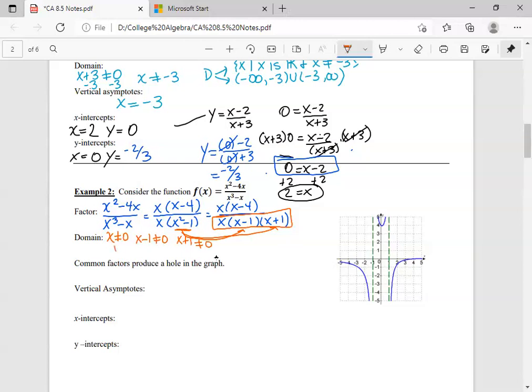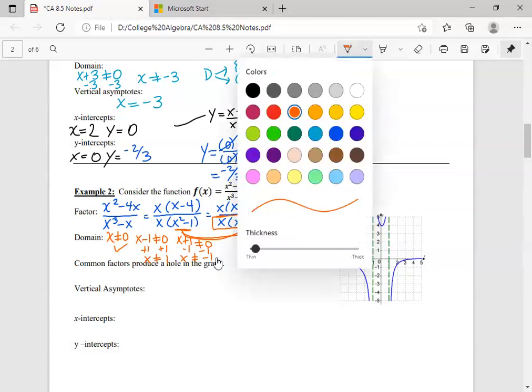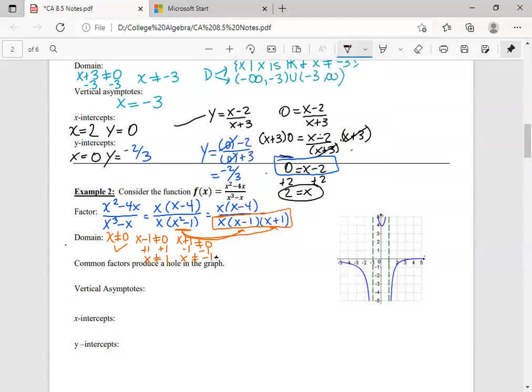This one's done for me. I can't solve that one. x is not supposed to be equal to 0. I can add 1 and get x is not 1. Subtract 1 and get x is not supposed to be negative 1. Everybody okay with that? So we're just focusing on what's in the denominator.